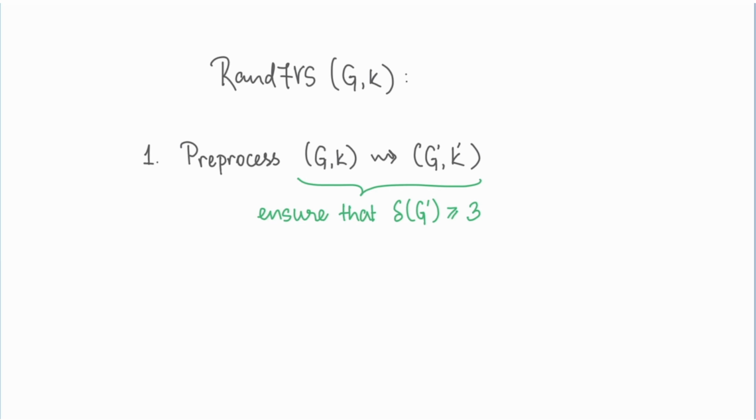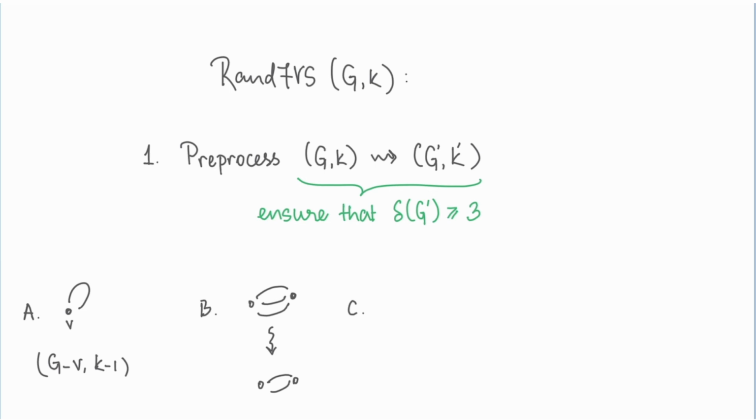So let's just quickly review the 5 reduction rules that we introduced back then. In the first one, we said that if there's a self loop at a vertex v, then we will essentially remove v and reduce the budget by 1. In the second reduction rule, we said that if you have more than 2 edges between a pair of vertices, then we reduce the multiplicity to exactly 2.